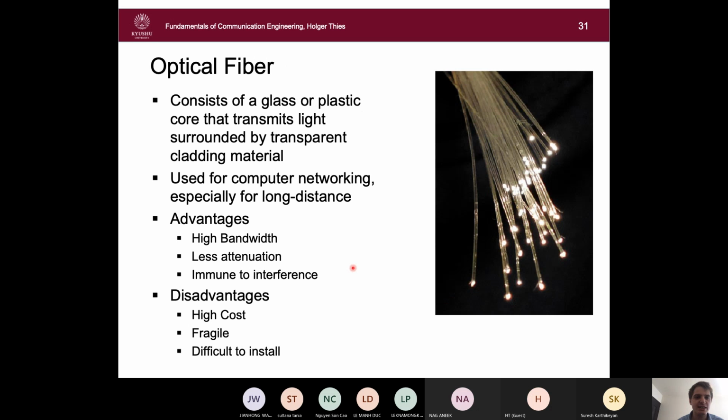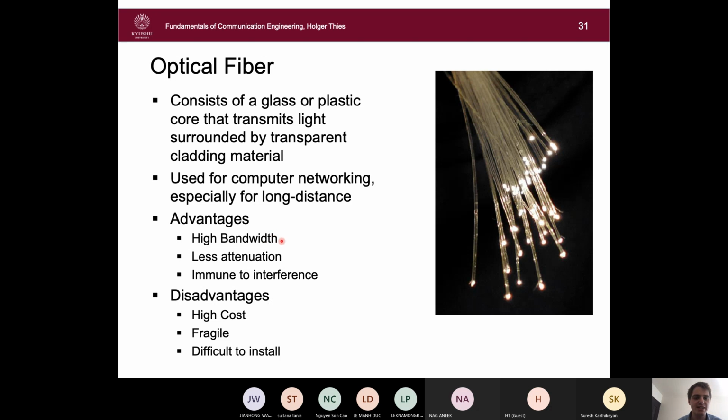Another important type of wired cable is optical fibers. They consist of a glass or plastic core that transmits light surrounded by transparent cladding material that reflects the light. So they often look like this. They are used mainly for computer networking, especially for long distance communications. So they have several advantages.